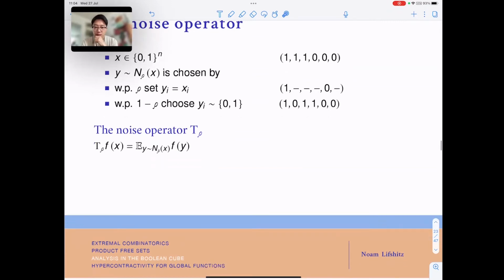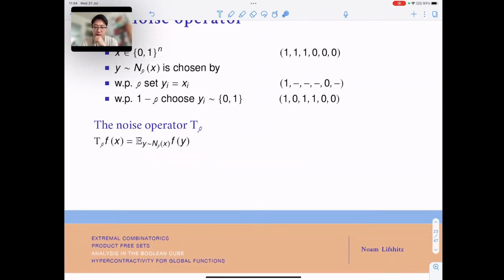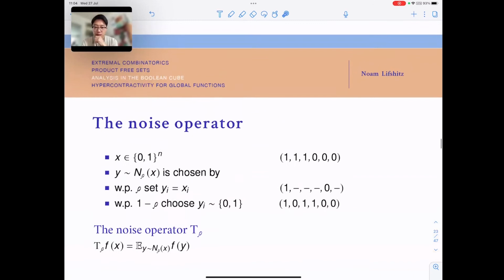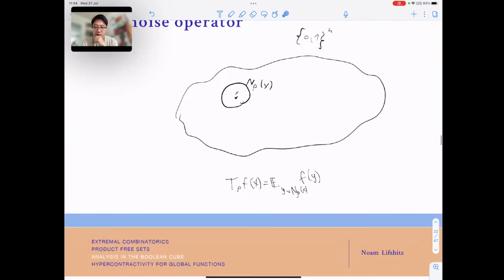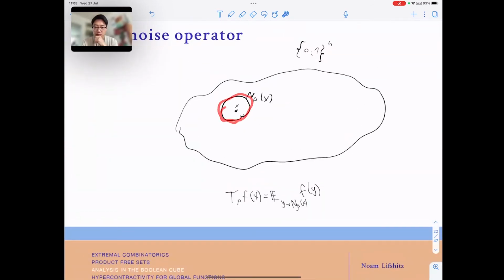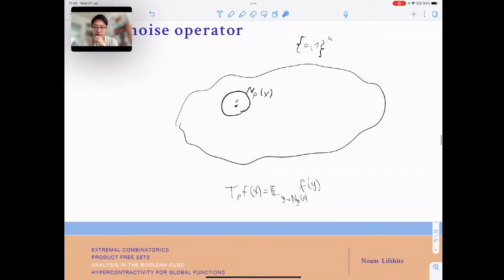And then the noise operator is defined by taking T rho F of X. So like in the picture, we define this small neighborhood of elements that are close to X by this noisy process, and then we can take the expectation of F on Y chosen according to this process, where each coordinate we kept the same with probability rho, and with probability 1 minus rho, we resampled it.